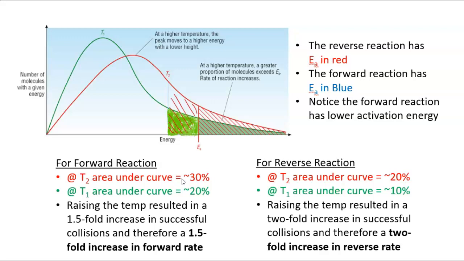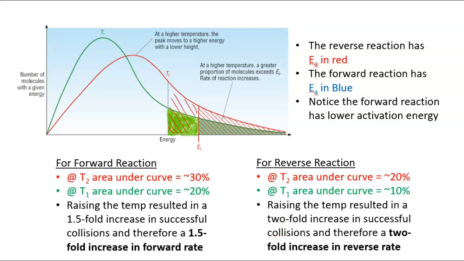So in that case, as the temperature goes up, that represents a 1.5-fold increase in successful collisions, right? 30 over 20 being 1.5, or a 1.5-fold increase in the forward rate. What we're seeing now via these Maxwell-Boltzmann curves is evidence that for an exothermic reaction, when the temperature is increased, there's a greater increase in the reverse rate than the forward rate, and that will always be the case.